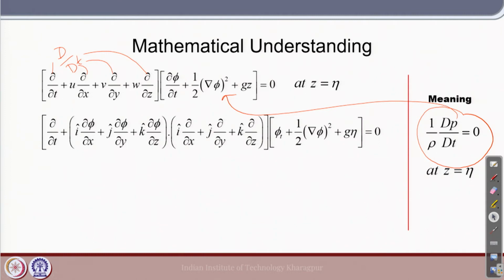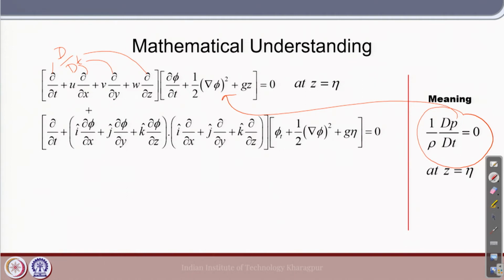So, now if I break it, I just write in terms of, actually what I did is this term I make into two components, right. Now, you can see here I replace u by del phi del x, v by del phi del y and w by del phi del z, right.